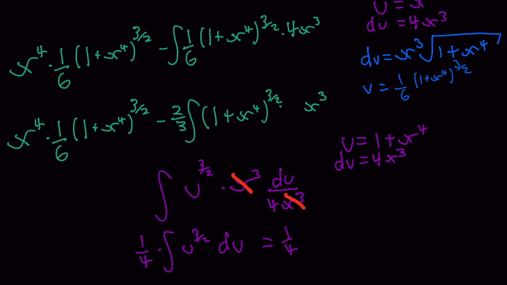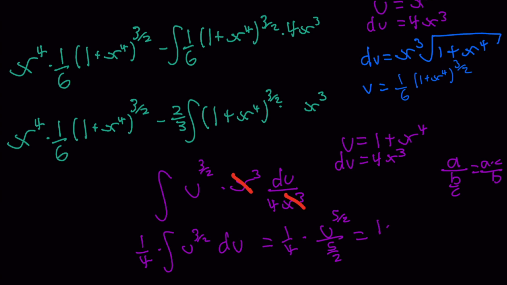3/2, so we're going to add 1 to the exponent. So times u to the 5/2 over the 5/2. But once again, you just bring this 2 up to the top right there, because the formula is a over b over c equals a times c over b, okay? For integrals, this is very important to know, but I'm sure you know that by now.